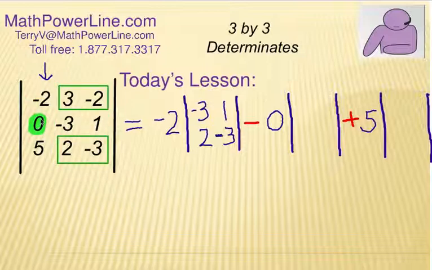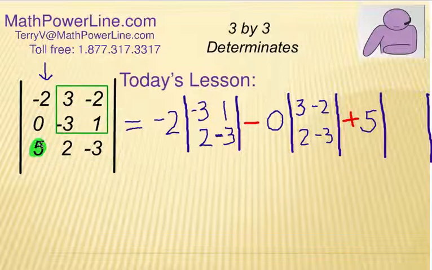Next, because I'm using the 0 here in the middle term, I notice that 0 is in the first column, second row, and these four numbers in the green rectangles that are left over are going to be my determinant for that group. So 3, -2, 2, -3. All right, one more.